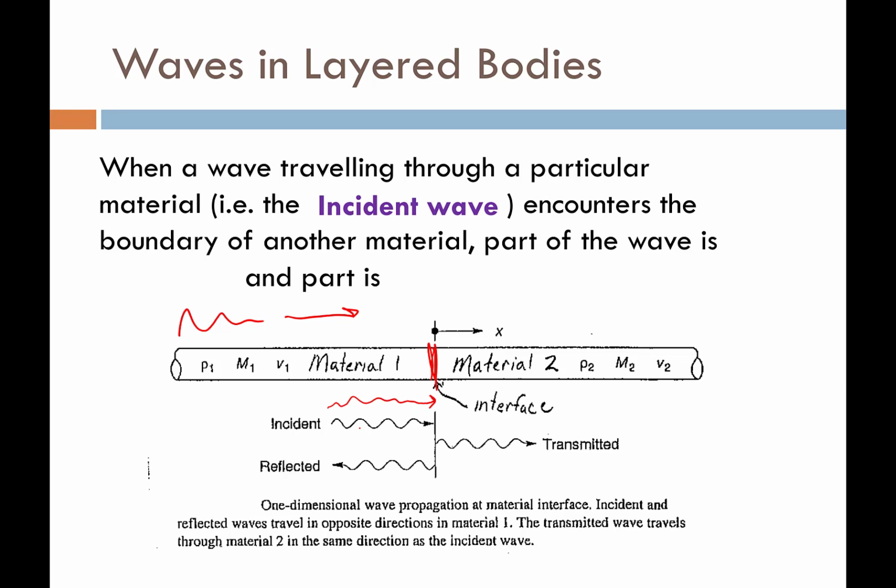When it encounters a boundary of another material, part of the wave is reflected, so part of the wave is going to bounce back and go back the other direction in material number 1, and part of the wave is transmitted. So part of the wave moves into material number 2, and it may have a different amplitude, it may have a different frequency, but it enters the second material and it just continues as it did before.